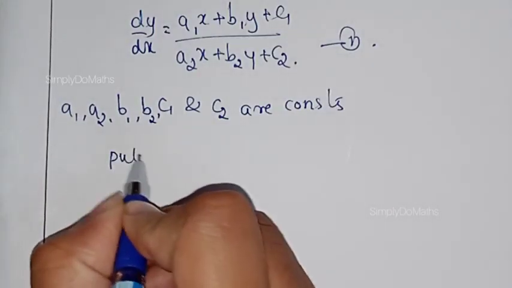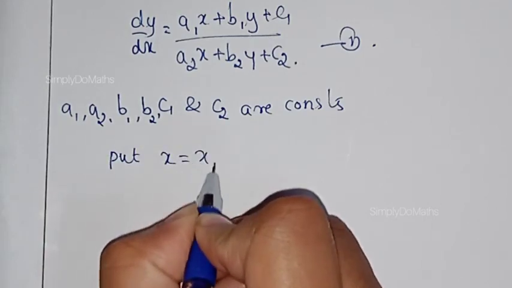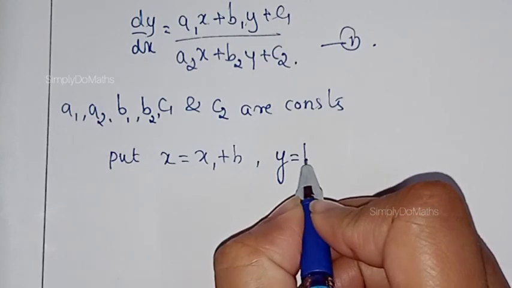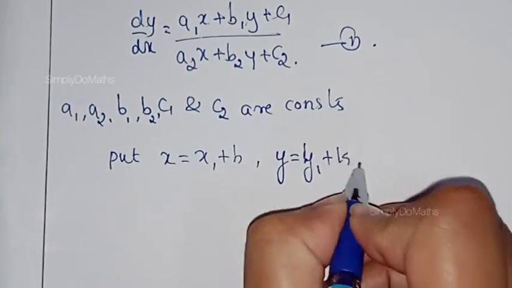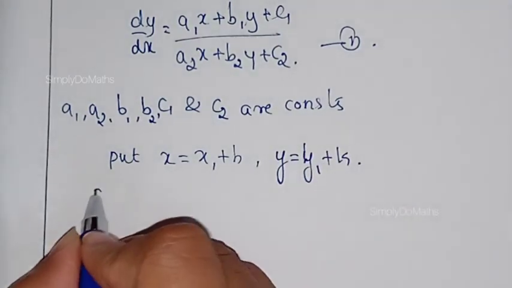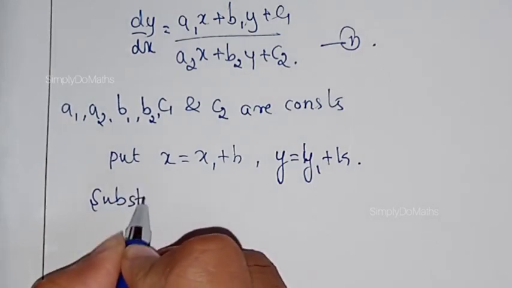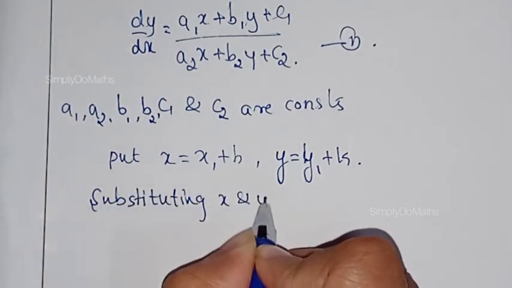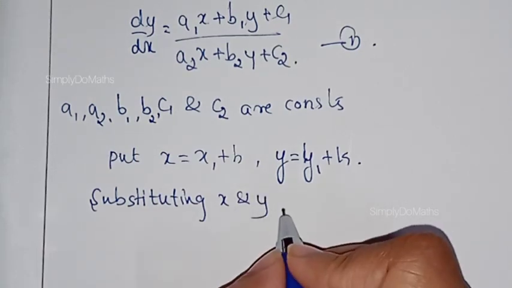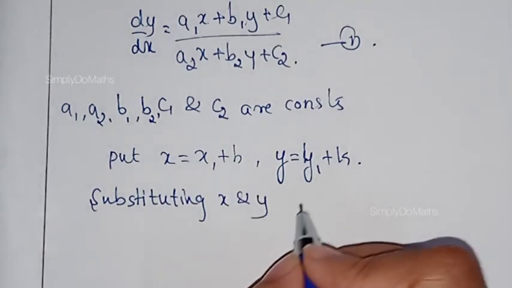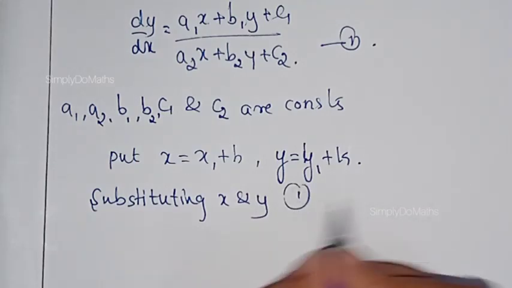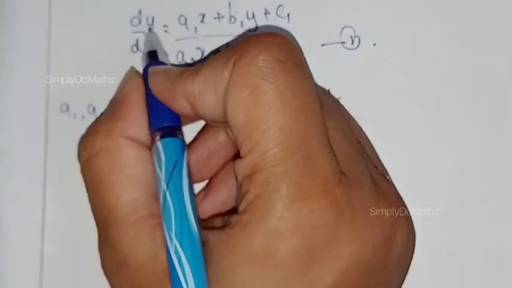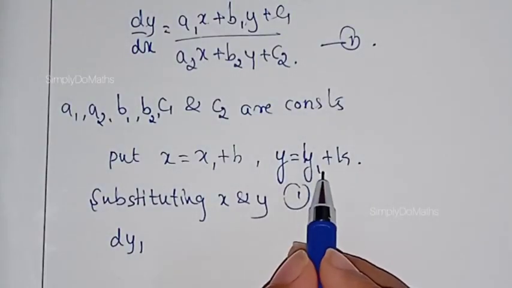First, we need to put x equal to x1 plus h and y equal to y1 plus k. Substituting x and y in the given non-homogeneous equation, equation 1, we get dy1, in the place of y we have y1 plus k.